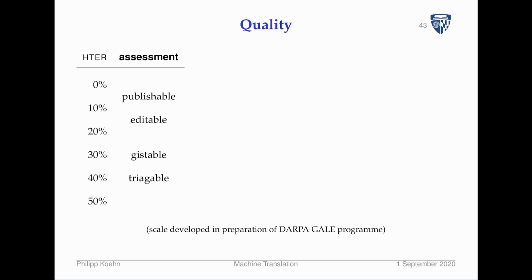Okay, one last word on quality to wrap up this lecture. We would like to get a clearer sense of quality, like how good is machine translation. Here's a scale that was proposed by a DARPA program on machine translation and related natural language processing problems, where they introduced something called HTER, the human-annotated translation edit rate.